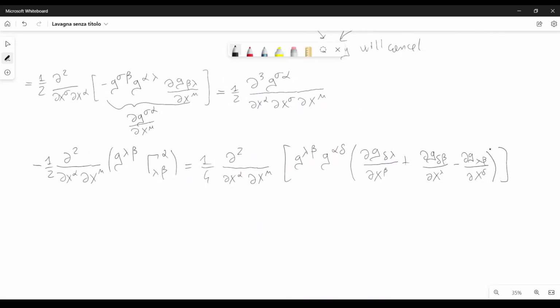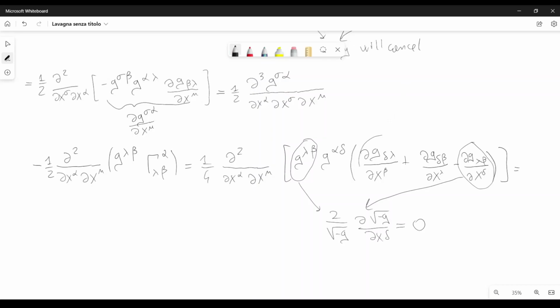and this is equal to, now you can also check, when we multiply this by this, we know that this term, when multiplied together, is equal to 2 over the square root of minus g times derivative of square root of minus g with respect to x delta. But since the square root of minus g is equal to 1, in our case, this is equal to 0.